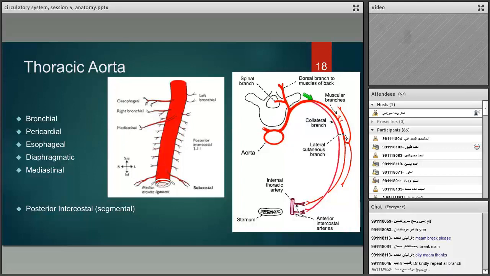Here in this diagram we can see one of these intercostal branches. Look at here, this is the aorta. It's the anterior side and this is the posterior side. This is one of the posterior intercostal branches.